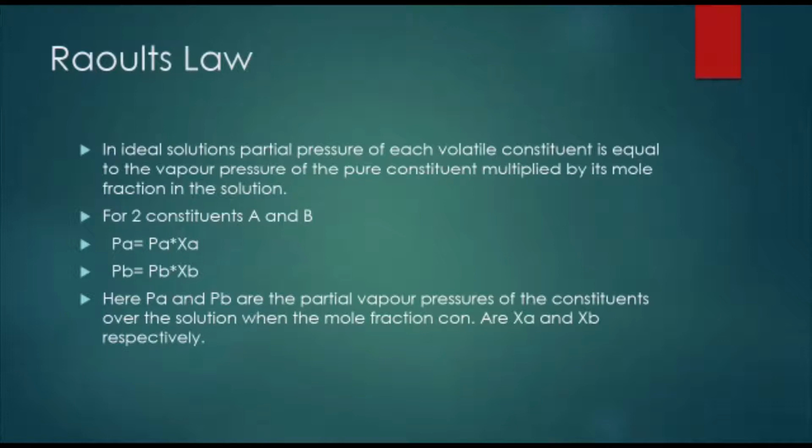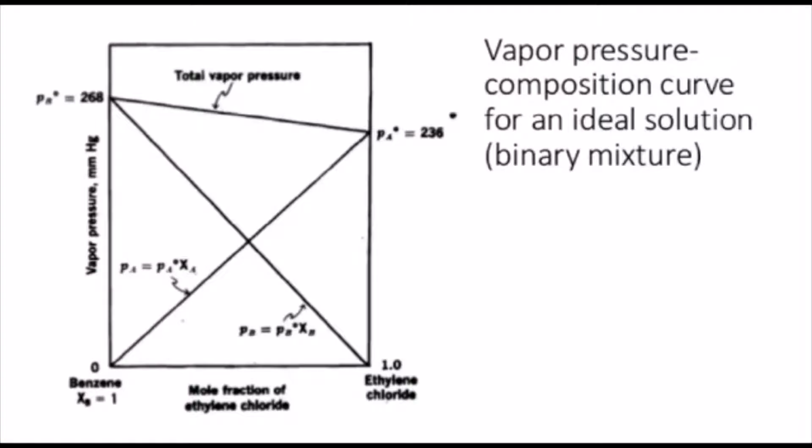Here P0B is the pure vapor pressure of B, and XB is the mole fraction of B.